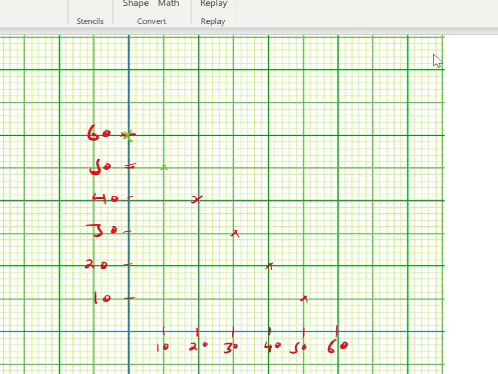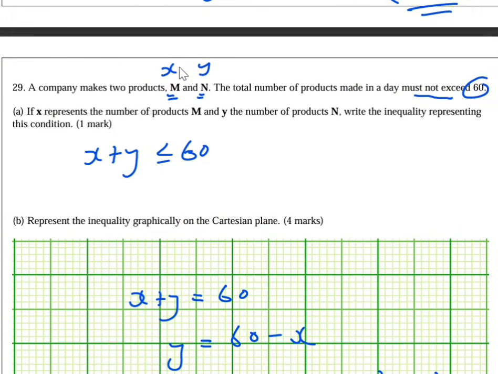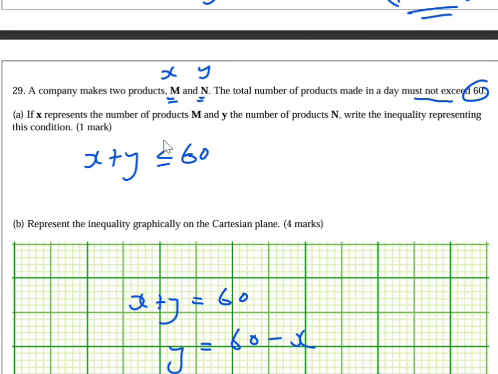By using a good line. So remember, before I draw the line, remember for inequalities, when our inequality sign is less than or equal, ama iko na greater than or equal, we use a continuous line. When the sign is less than or greater than, use a dotted line. Very important. So for us, you can see it is less than or equal, and therefore the line is going to be continuous.